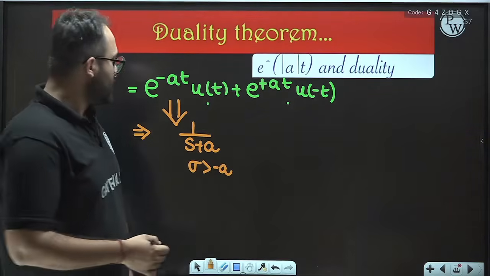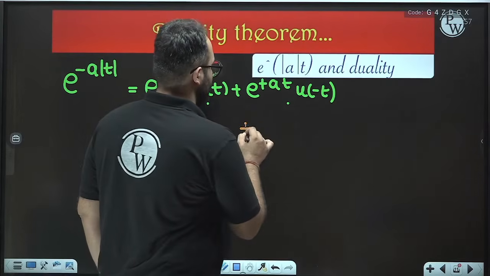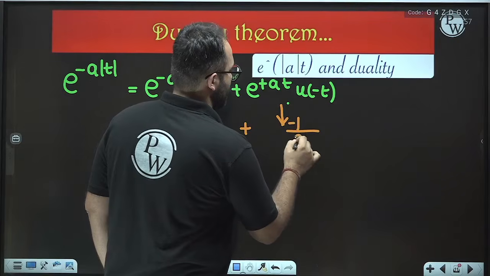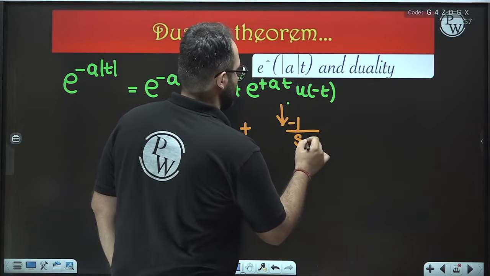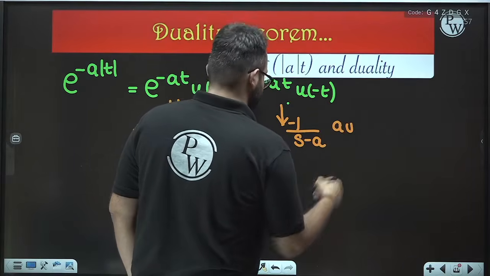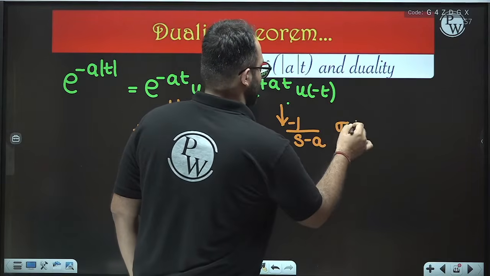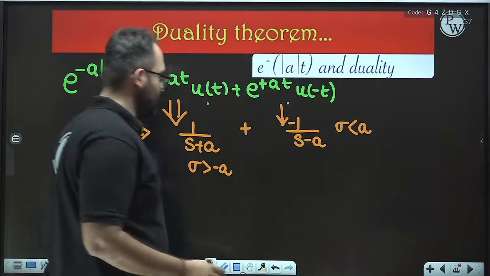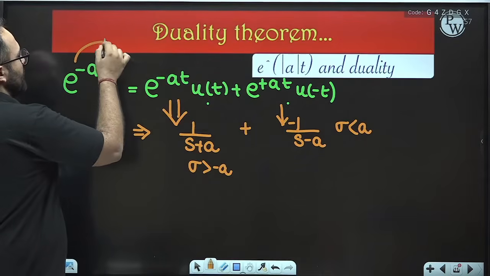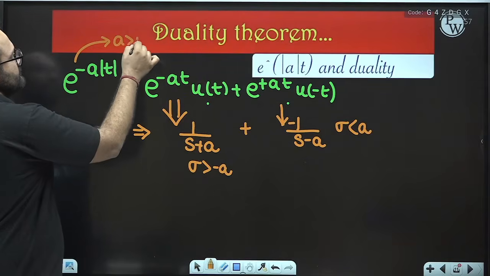Now here this will be minus 1 upon s minus a, sigma less than a. So sigma greater than minus a and sigma less than a. Here we have taken a as positive.